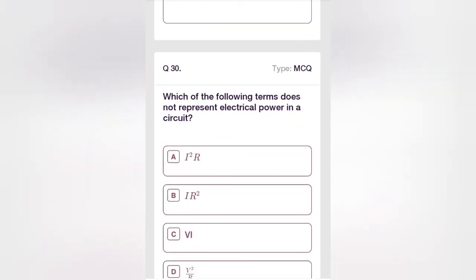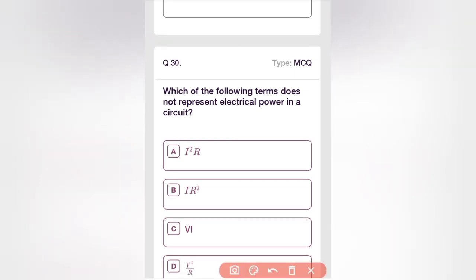Which of the following terms does not represent electrical power? So we know the power expression P is equal to V into I. When I substitute V is equal to I into R, I get I square R. When I substitute I is equal to V by R, I get V square by R. The expression for power can be written this way.